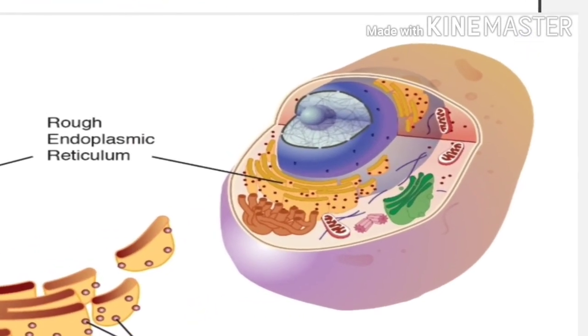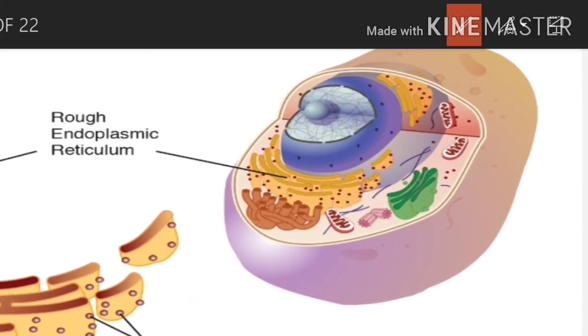It starts from the nucleus and spreads towards the plasma membrane also. So it transports material from the nucleus to the cell membrane.